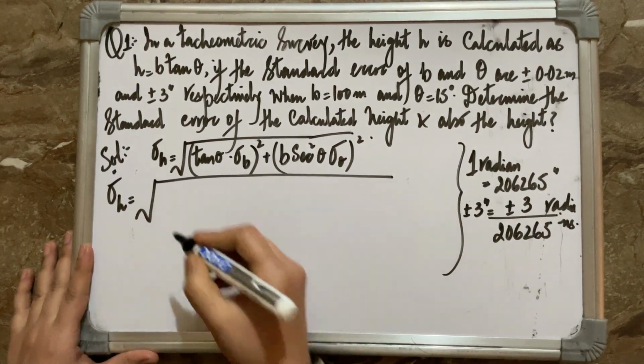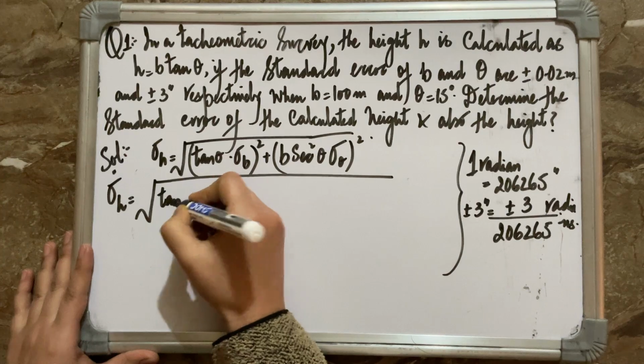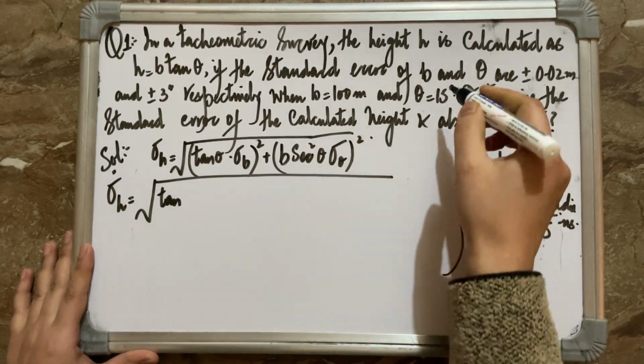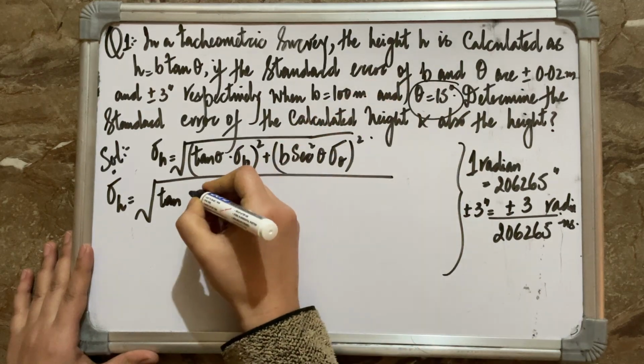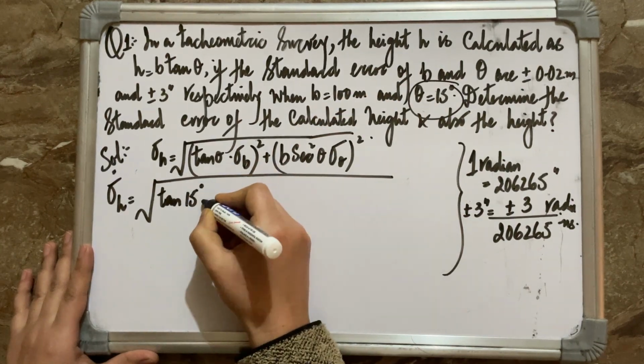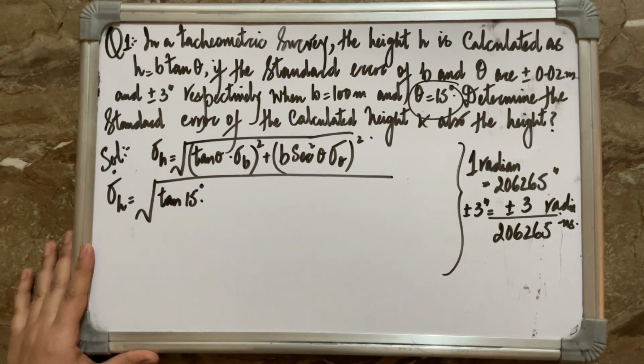So standard error in the height is equal to under root. Tan, how much is theta? 15 degrees. Tan 15 degrees. Sigma in b, how much?